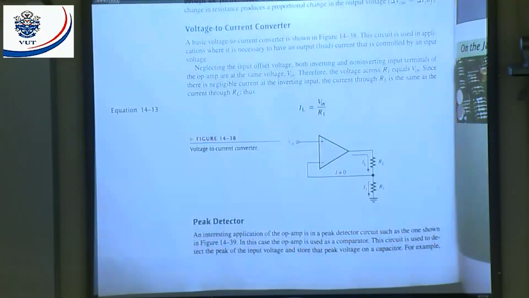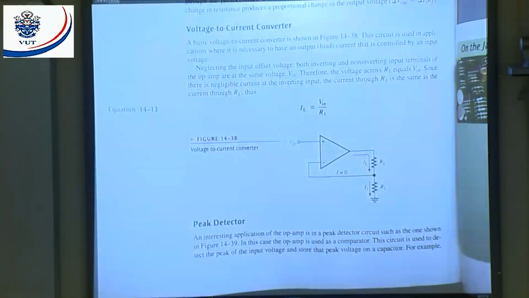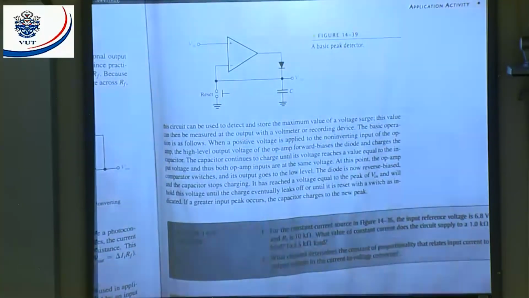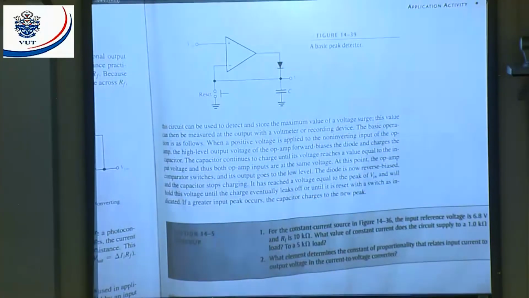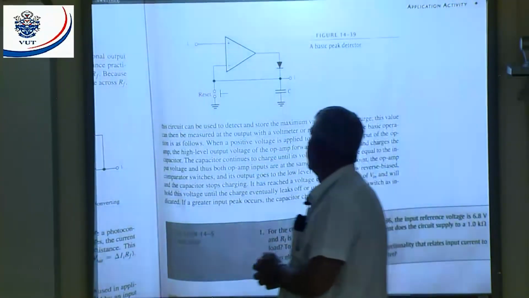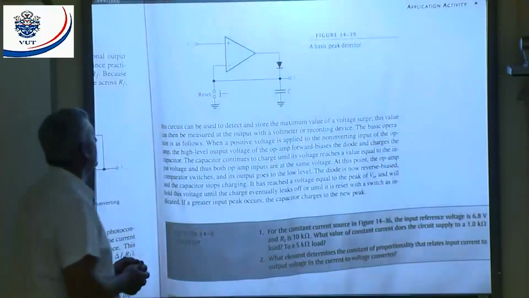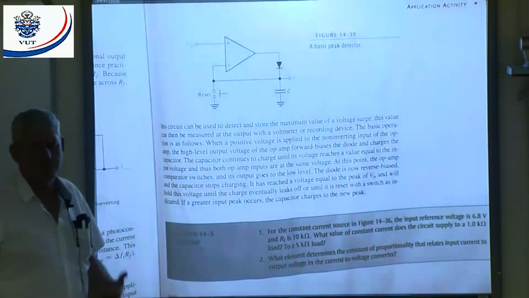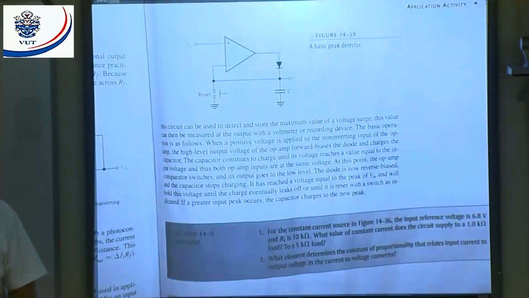All right, the last one, a peak detector. Why do they call it a peak detector? If I apply, what input should we apply here? Positive or negative? If I apply positive, where will the output go?